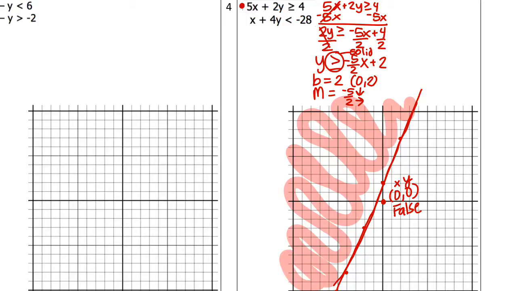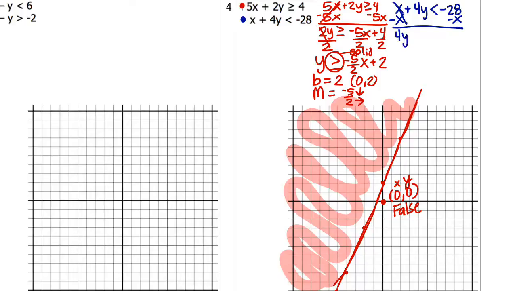Now I'm going to do the exact same thing for the next inequality. Let's call this the blue inequality. So I have x plus 4y is less than negative 28. I want to solve for y, so I need to first get rid of the x term by doing its opposite. What I do to one side, I do to the other to keep my inequality balanced.